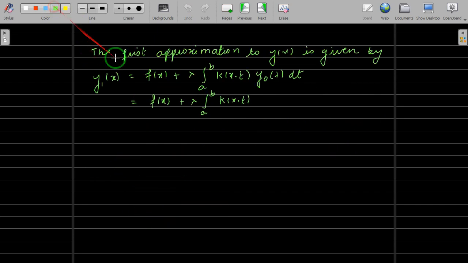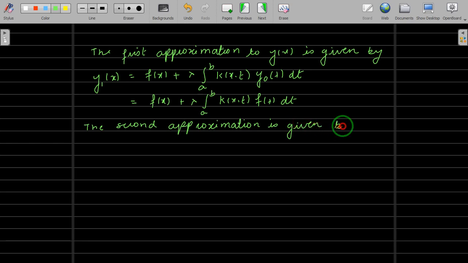This is your zeroth approximation, f(t) dt. Now go for the next. The second approximation is given by y2 of x, and definitely it will depend on y1 of x.